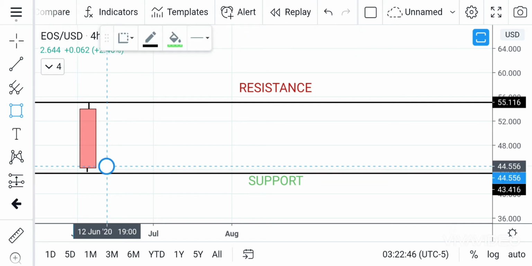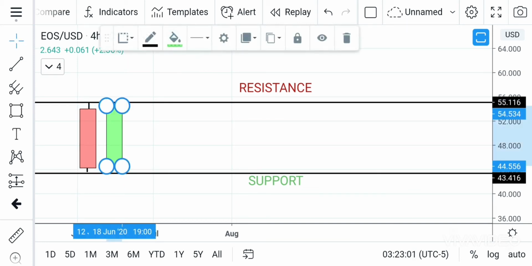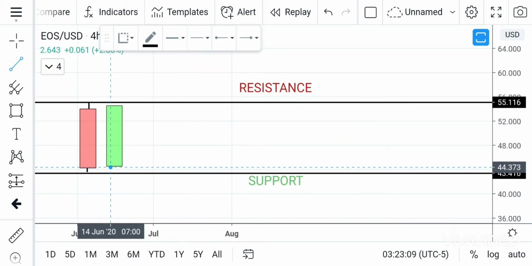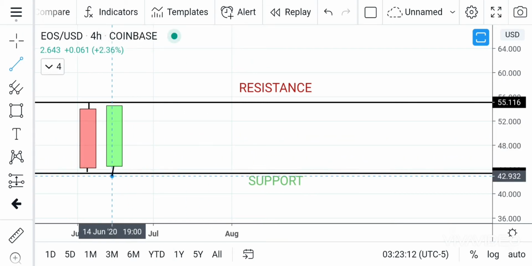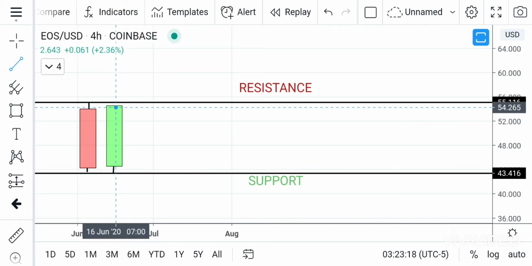Sellers start to push it down, then it reverses back higher and starts going up to resistance and forms. So your bullish candle opens from the bottom and closes at the top, while your bearish candle opens from the top and closes at the bottom. So that is it about the bearish and bullish candlesticks.